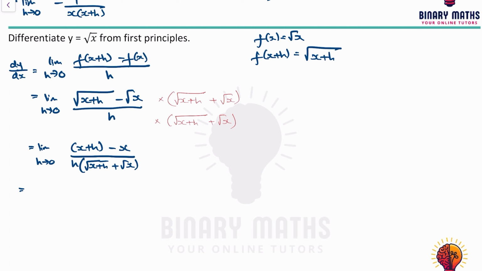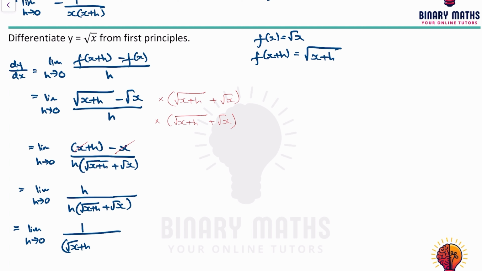And you can clearly see that as h tends to 0, the x and the minus x cancel out. So all you're left with is h over h times root x plus h plus root x. The h's will cancel out, so all you're left with is the limit as h tends to 0 of 1 over root x plus h plus root x.